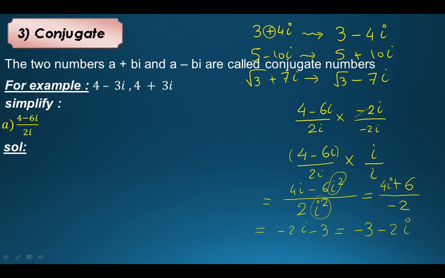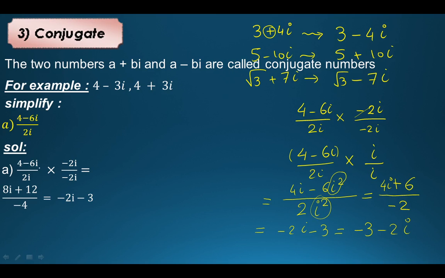Let's solve it together by using the PowerPoint very quickly. Here, 4 minus 6i over 2i multiplied by negative 2i over negative 2i. Here, 4 multiplied by negative 2i will be negative 8i.